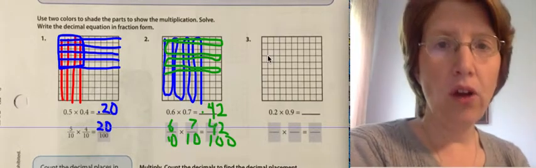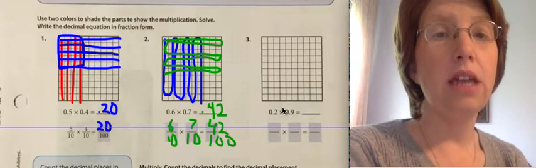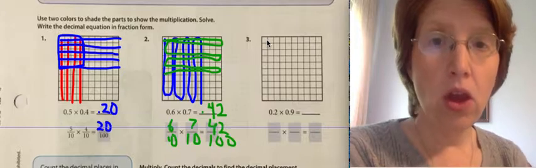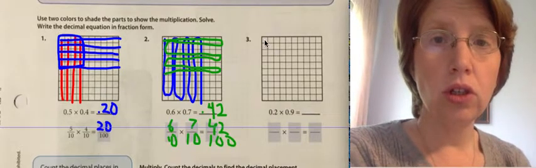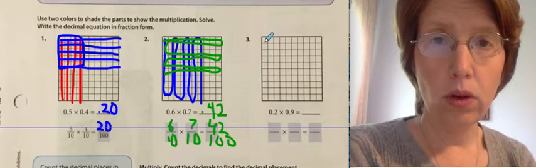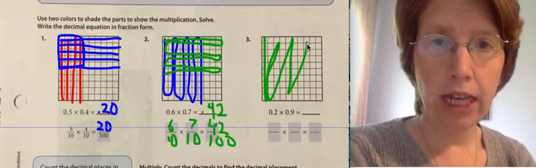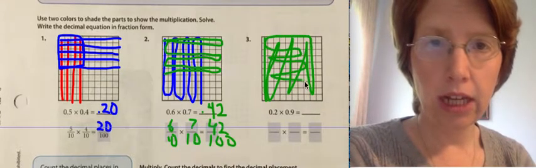Okay, all right, let's look at the third grid together. So this is 2 tenths of 9 tenths. Okay, so 9 tenths is going to come this way first. So we're really going to fill in everything, right? Except for that last. So I'm just going to kind of color all of this in.